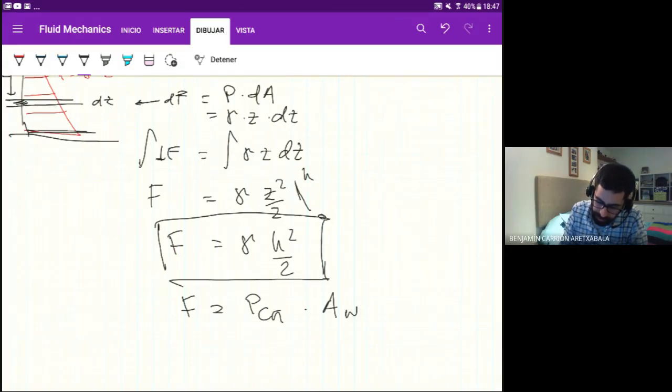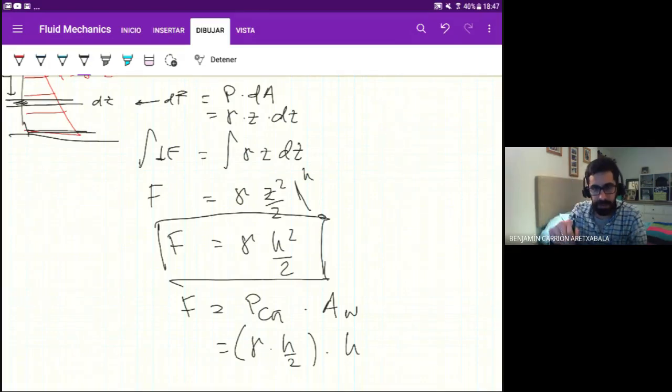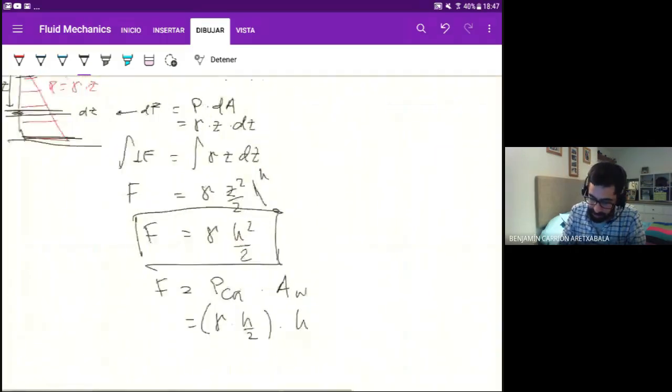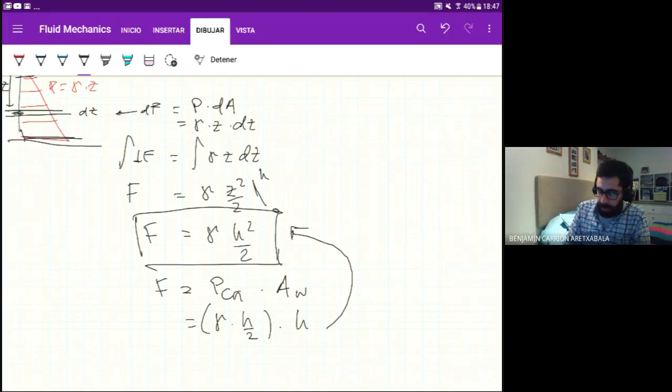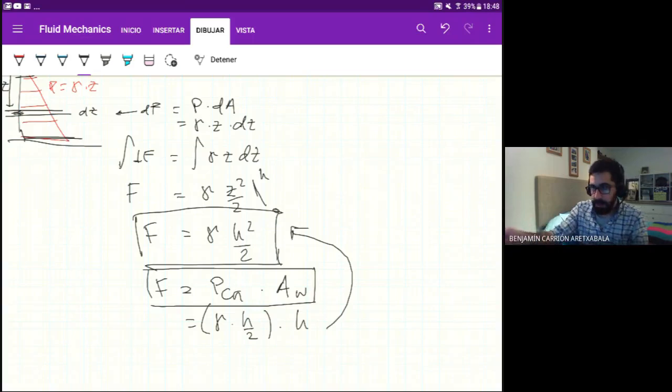The pressure at the center of gravity is nothing more than gamma times h over two, and the area is h times the direction going into the screen, which is exactly the same as this thing. Now you could remember this, which I'm going to show you in a moment.